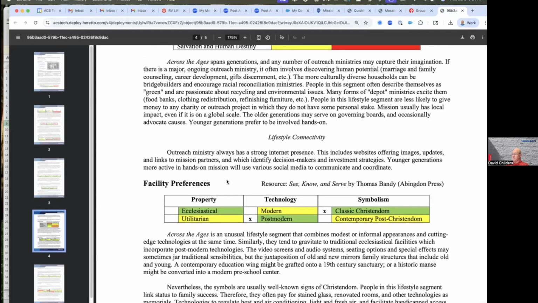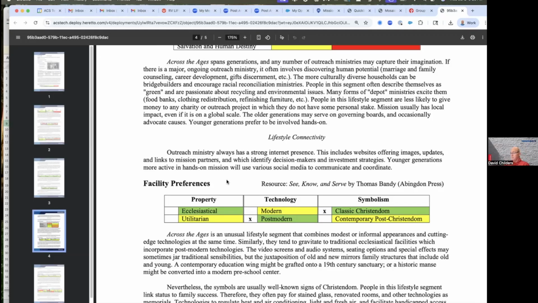Facility preferences. I was minister of music at First Baptist Church in Decatur, Georgia, and we had a traditional church sanctuary out the wazoo. Pews, choir loft, platform, chairs on the platform, pulpit on the platform, and behind it there were no screens, but there was a huge pipe organ.